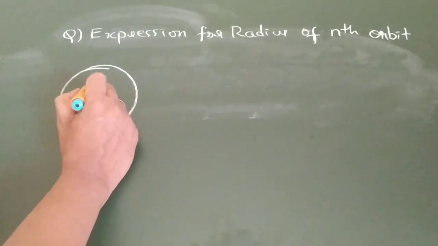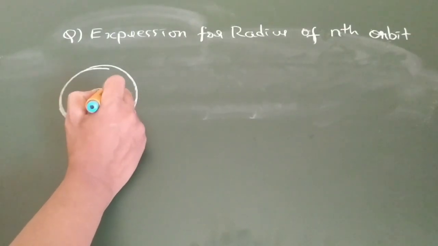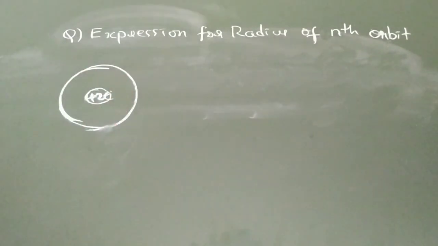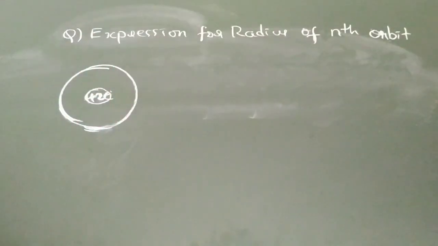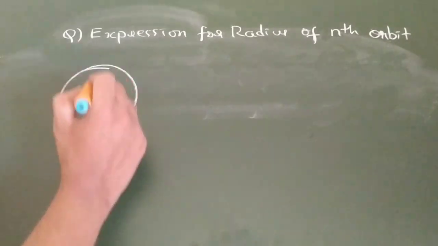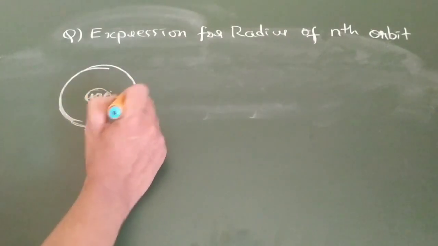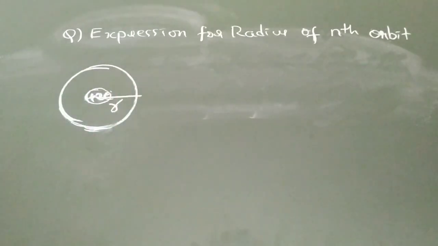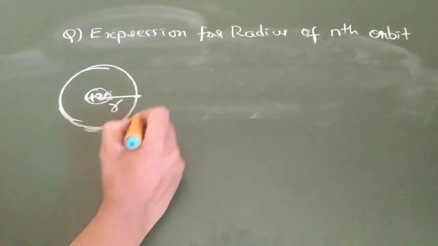So let us take one small plus Ze, and this plus Ze is the nucleus of this atom, and this is one of the orbits. Let's say this orbit has radius r from the center.